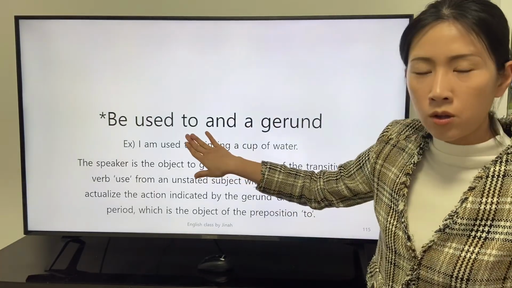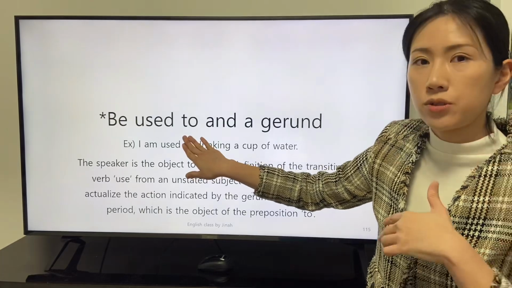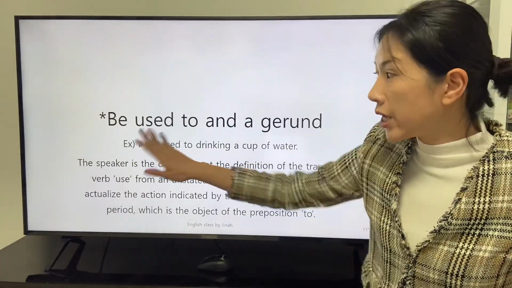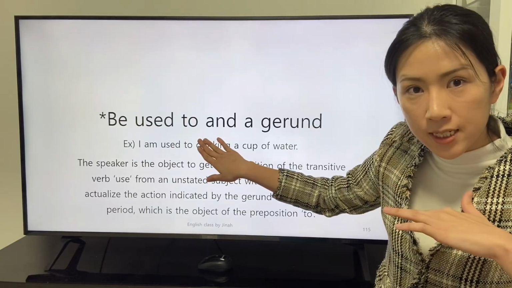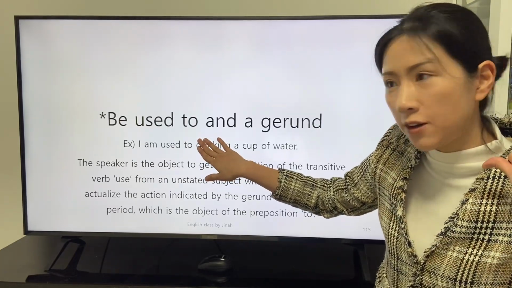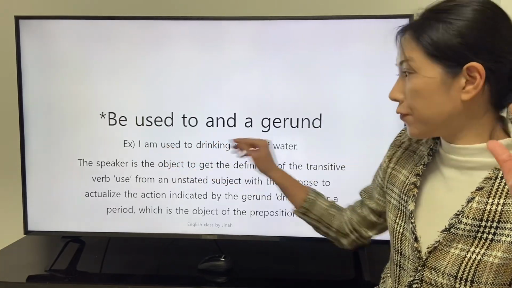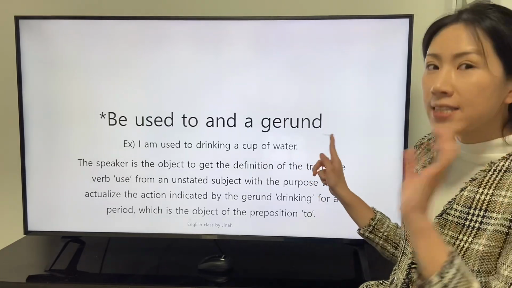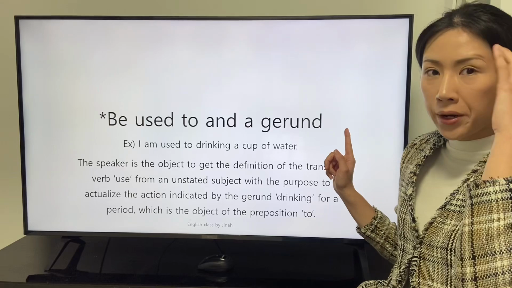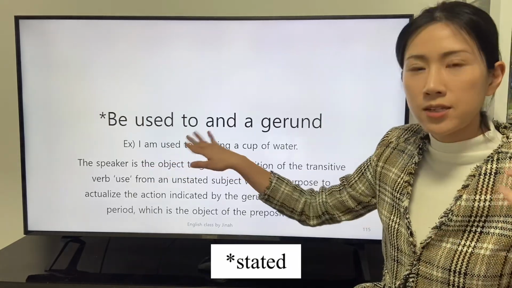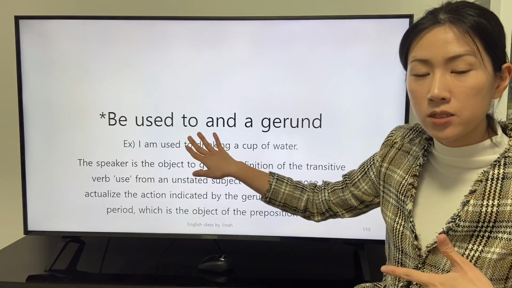Let's focus on the three words I am used. Then we can understand that the speaker is the object getting the definition of the transitive verb use from an unstated subject. The subject is not stated, but we have to be aware that this clause is in the passive voice.